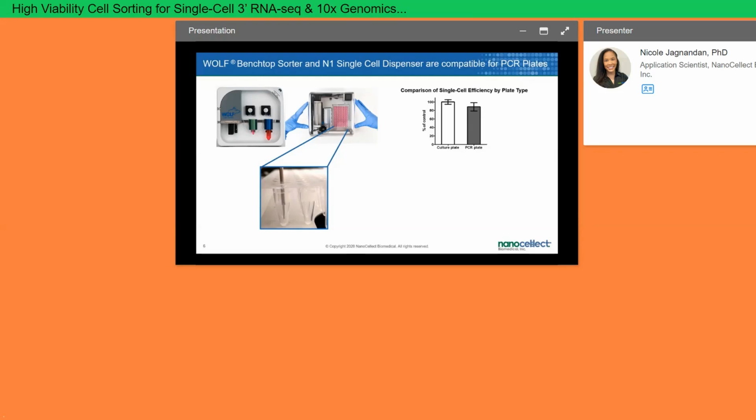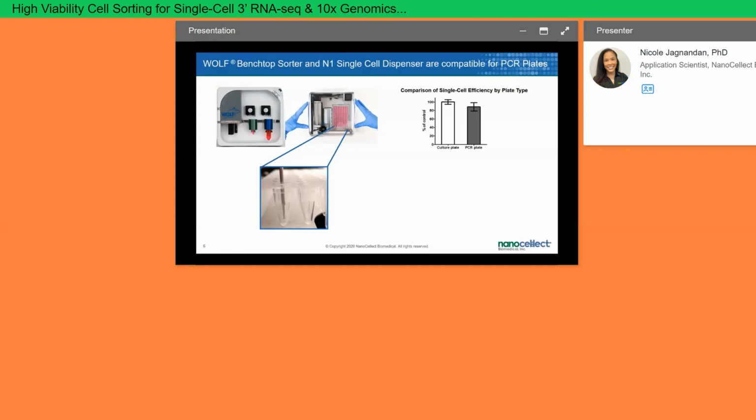We did not find any significant difference between the single-cell sorting efficiencies between those two different plate types. These cell culture plates on average had 98% single-cell efficiency, while on average the PCR plates showed 90% single-cell efficiency.